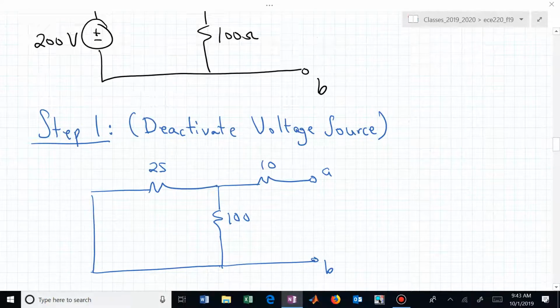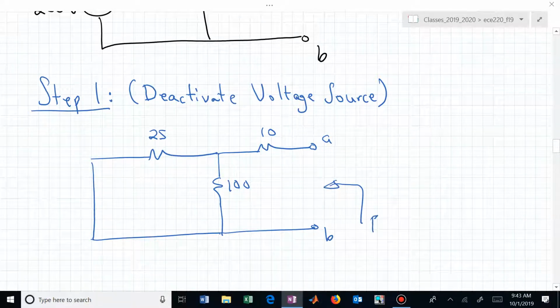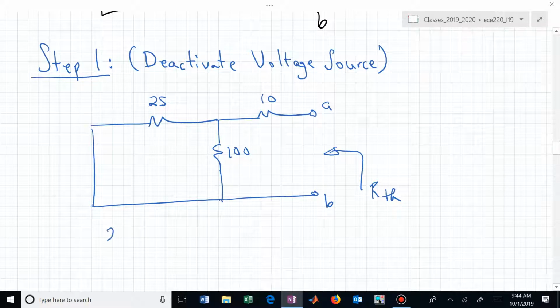Now can we find our Thevenin resistance looking into terminals A and B? If it doesn't look like what you want it to look like, you could bend 25 around and say, oh, that's in fact parallel with the 100 ohm resistor, if you don't see that immediately. You can distort, you can grow and shrink these wires however you want to make them look like you want them to look. So now we have 25 in parallel with 100.